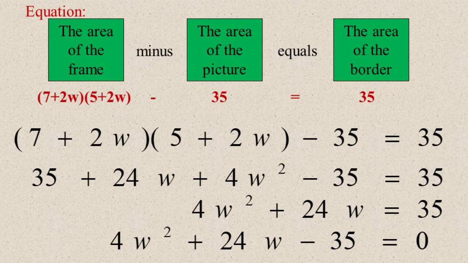Simplifying the binomials, we now have 35 plus 24W plus 4W squared minus 35 equals 35. Collecting like terms, it results to 4W squared plus 24W equals 35. Writing in standard form, it yields to 4W squared plus 24W minus 35 equals 0.